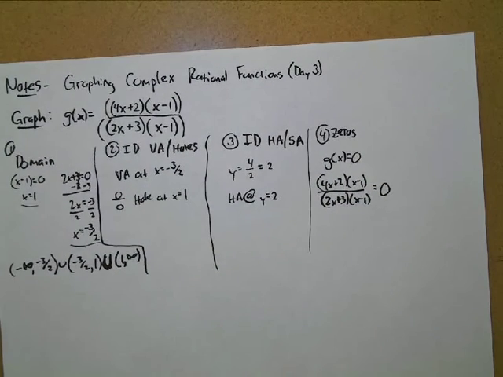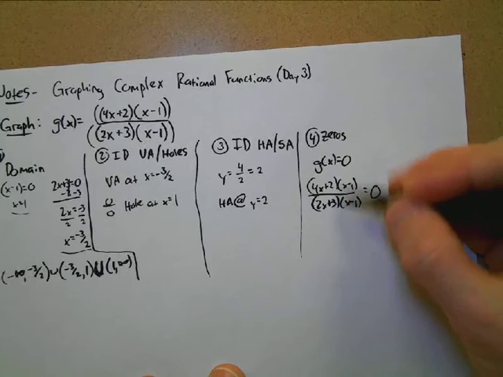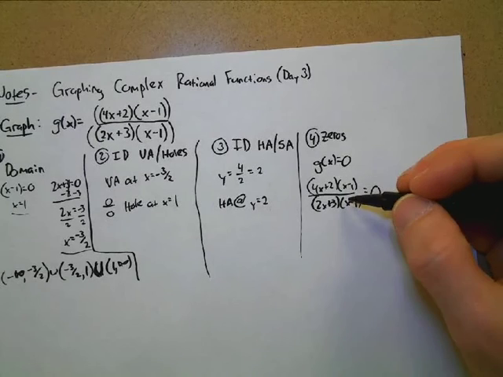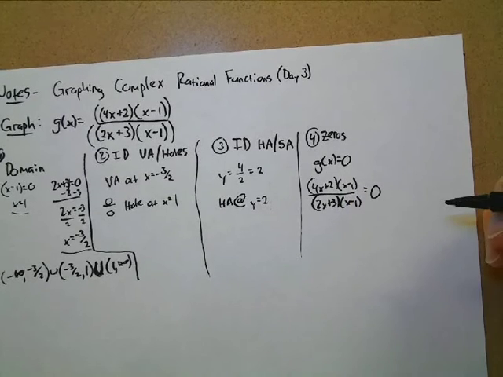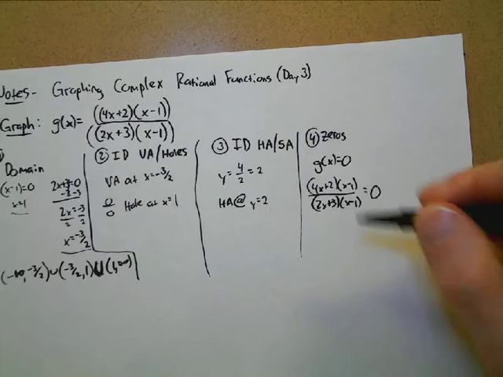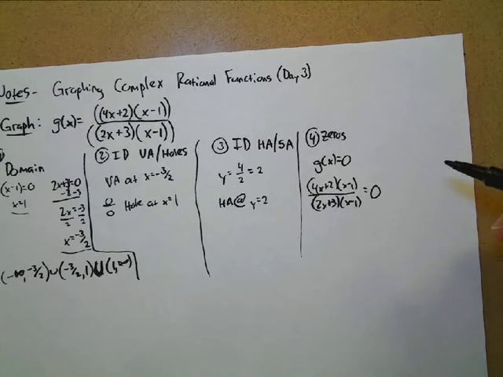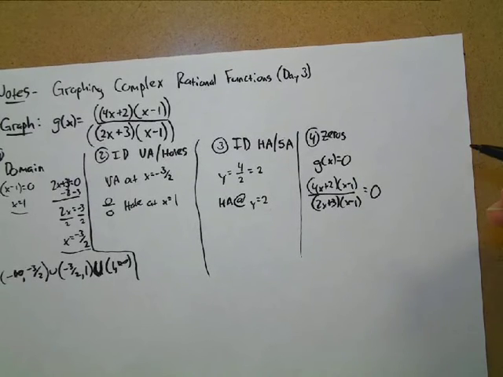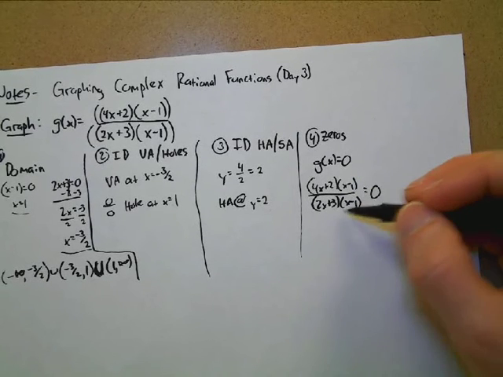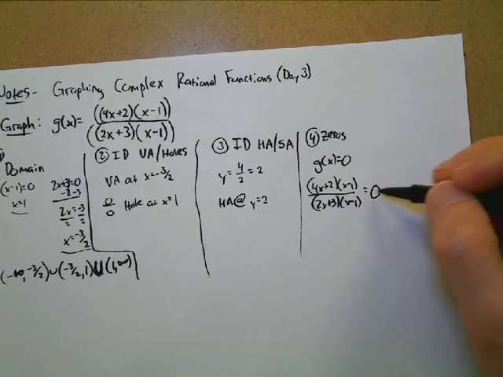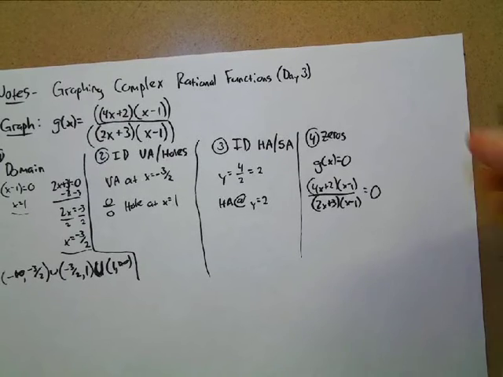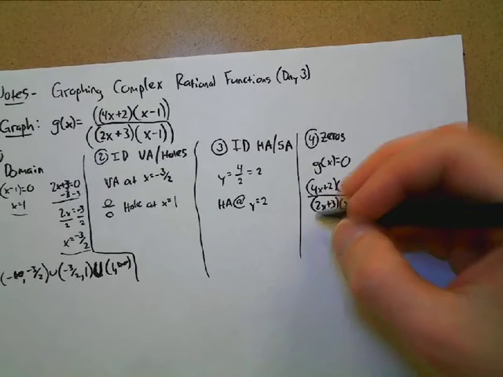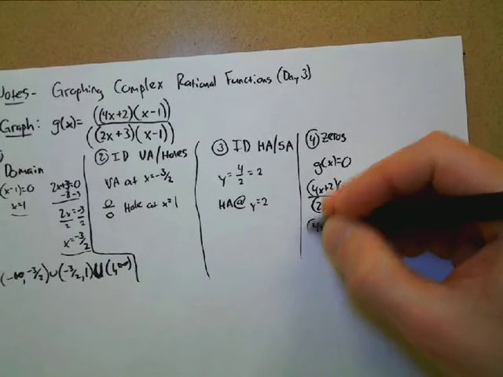But of course, a fraction only ever equals 0 when what part of the fraction is 0? The numerator or the denominator? If the denominator is 0, we're undefined, that wouldn't be equal to 0. It's when the numerator is 0. So you set your numerator equal to 0. We can forget about the denominator and just set the numerator equal to 0.